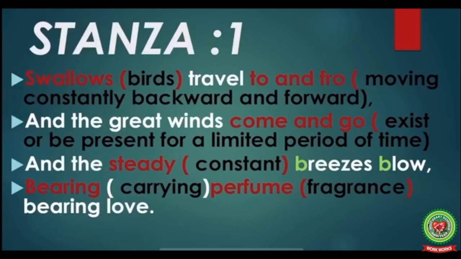So children, in these lines, the poet says that like swallows, the winds come and go through the sky. The breezes blow more gently alongside the stronger winds, and these forces carry with them perfume, that is pleasant smell, and love on its back.